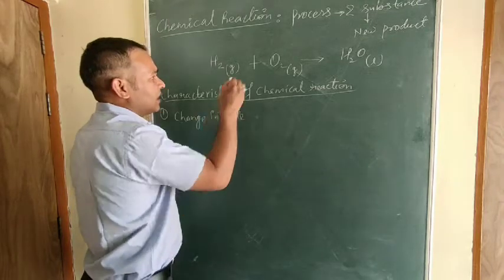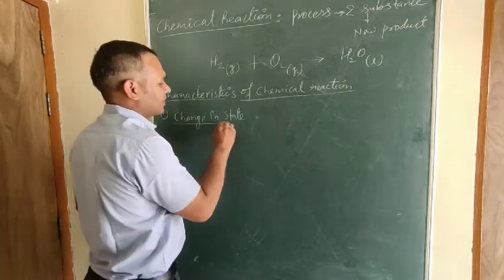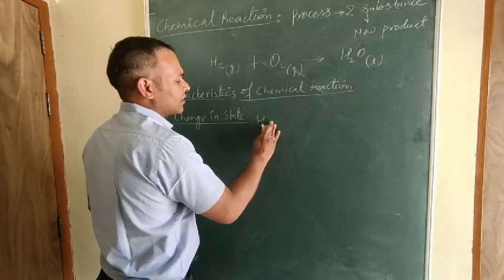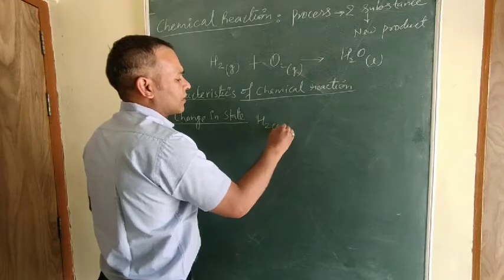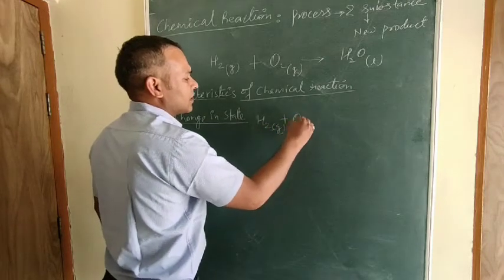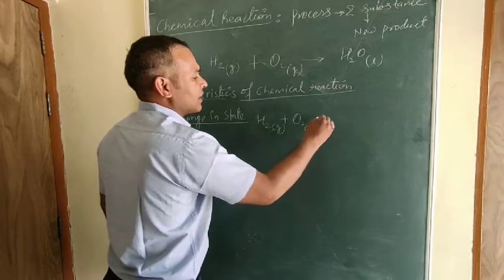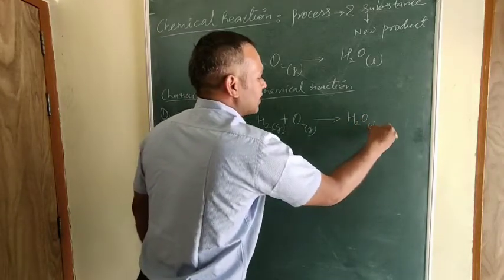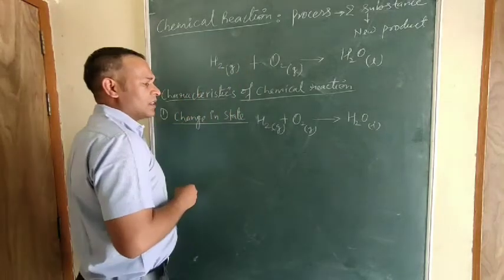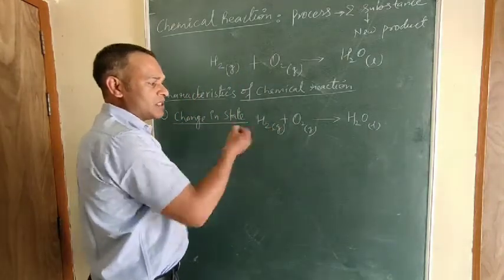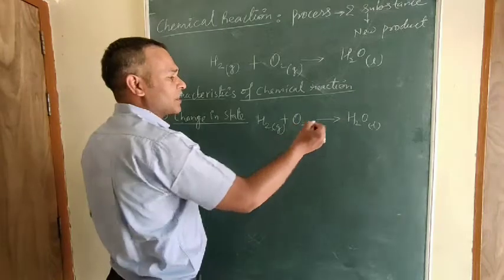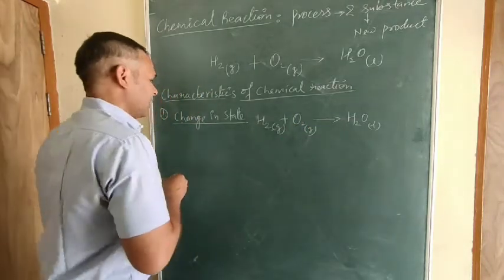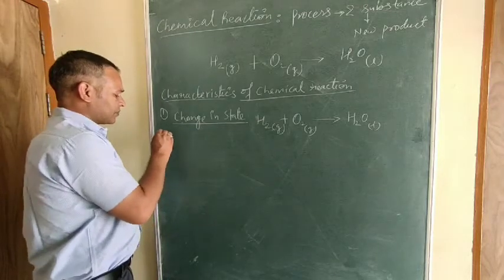In our example, you can see hydrogen is a gas, oxygen is also a gas, but they give water, which is a liquid. So here reactants are present in the gaseous form, but they are giving a product which is present in the liquid form.